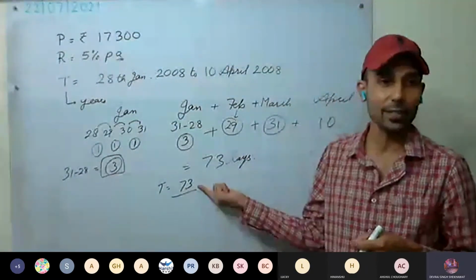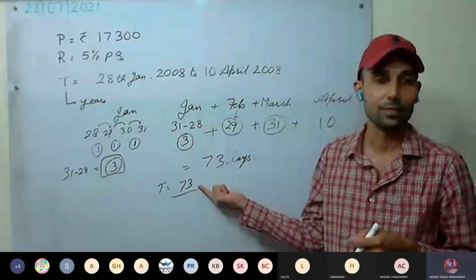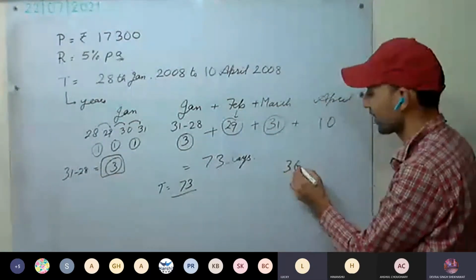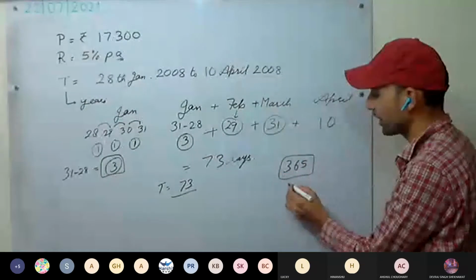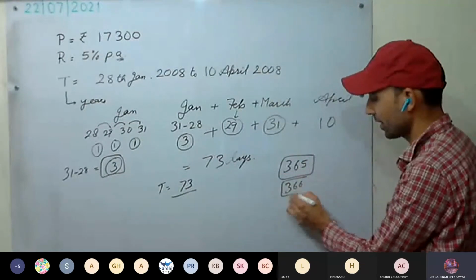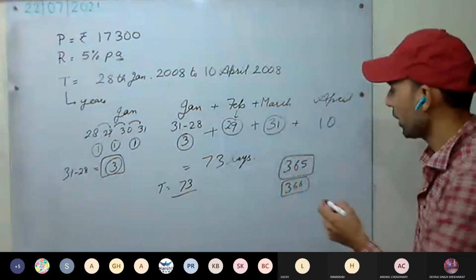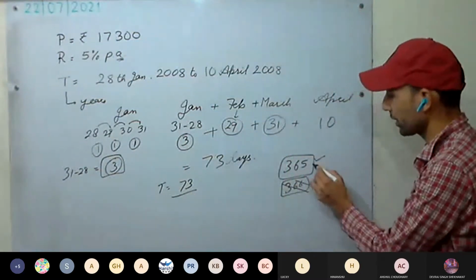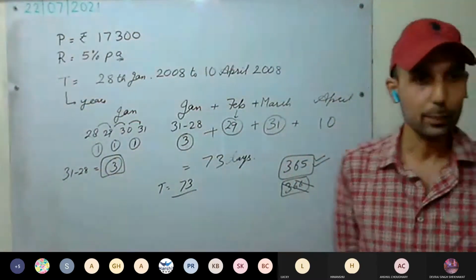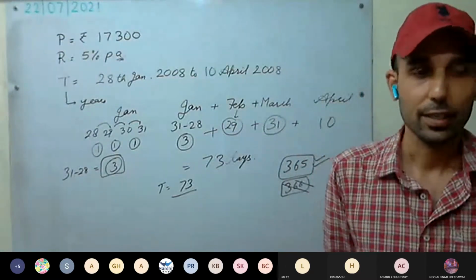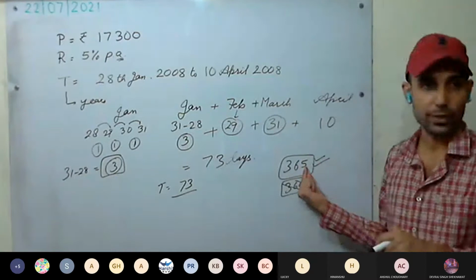In 1 year, how many days are there? 365. If it's a leap year, it will be 366. But remember here in interest, we never take 366. We always take 365. Whether it's a leap year or not, we always take 365. Because dividing by 365 is easier.